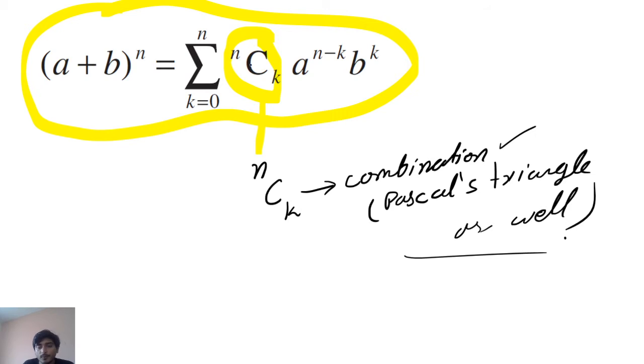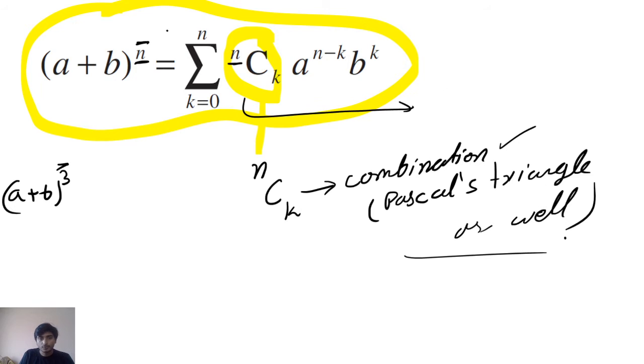Whenever we are taking any term, n is the total value of the index. If you have (a plus b) to power 3, then n is equal to 3, and that is the index of the total a plus b term. Now, in the explanation of this, you might be aware that this sign is known as sigma or summation.